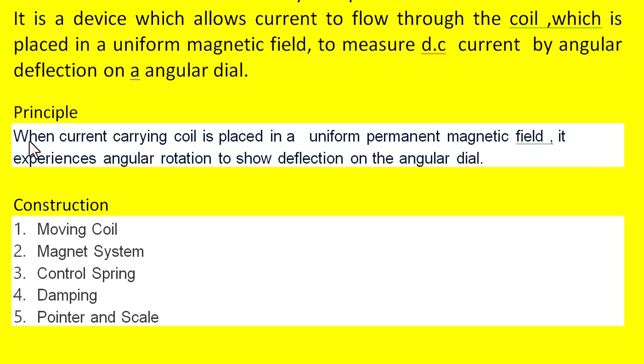Similarly, here also, the current carrying coil is placed in the uniform permanent magnetic field, and the coil experiences angular rotation to show the deflection on the angular dial. So the movement of the spindle or the coil is restricted due to the presence of control torque and damping torque.